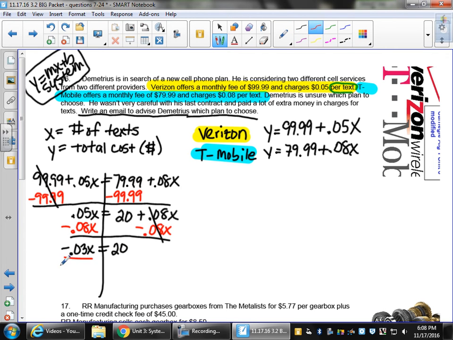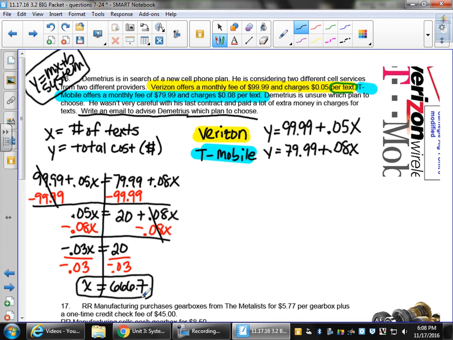We will divide both sides by negative 0.03. I got x equals 666.7. That's my math answer. What does it mean in the real world? Well, no company gives away anything for free.